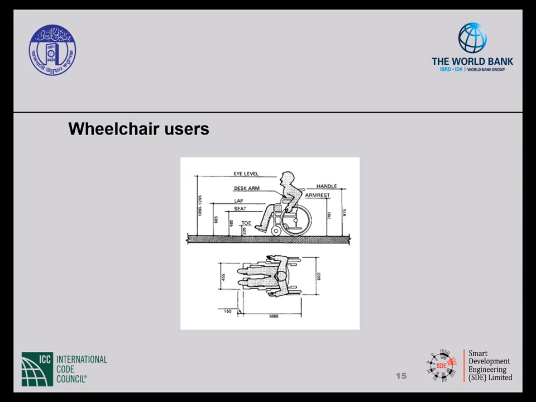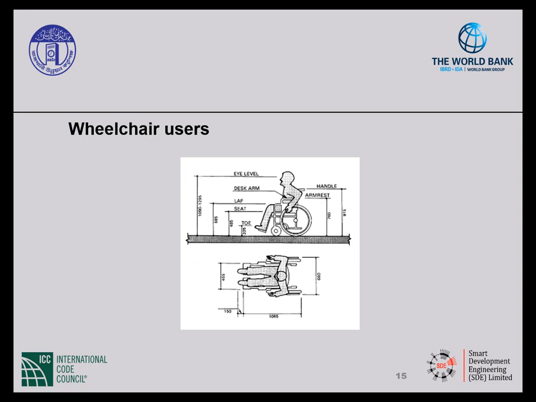Also, you have knee and toe clearance because of where the legs are positioned in a wheelchair and you need to roll underneath a counter surface or something like that. We need to make sure that you can clear that, and we know that based on the dimensions that are shown on the screen. Another very important dimension is the width of the wheelchair, being able to maneuver the wheelchair through a door or through a corridor or other paths of egress.